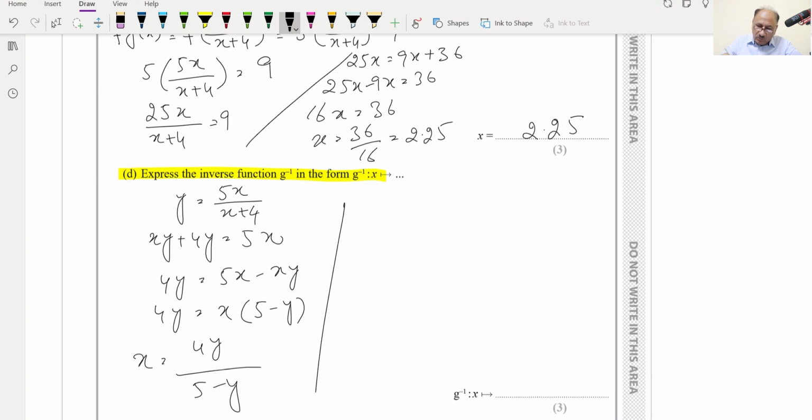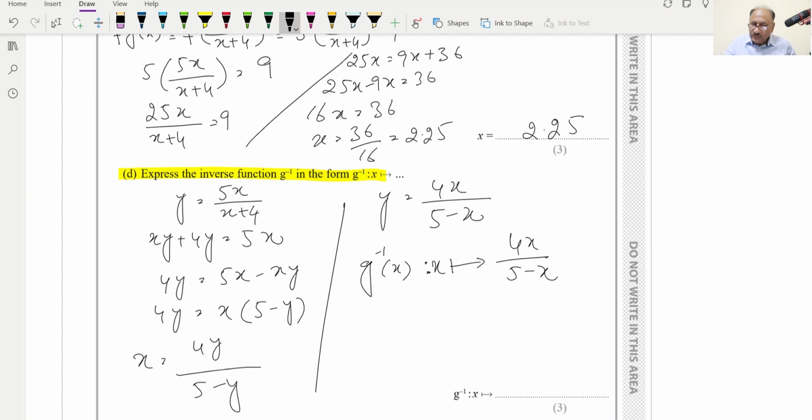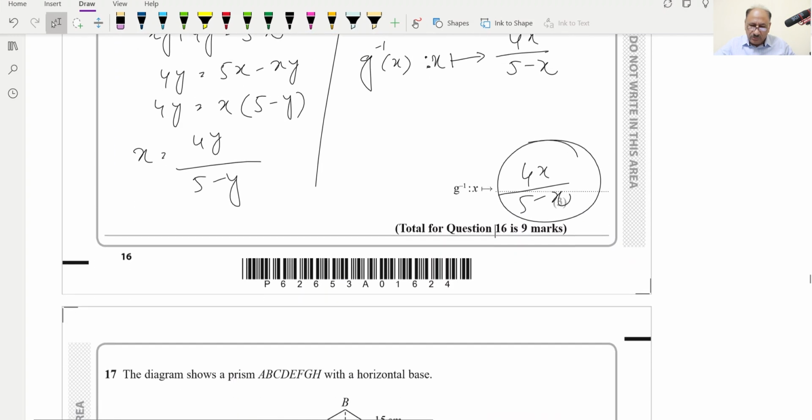And now we can swap x and y, so y is equal to 4x over 5 minus x, and we can rewrite it as g inverse of x, such that this will be 4x over 5 minus x, and 4x over 5 minus x, this will be final answer. This is 3 mark question.